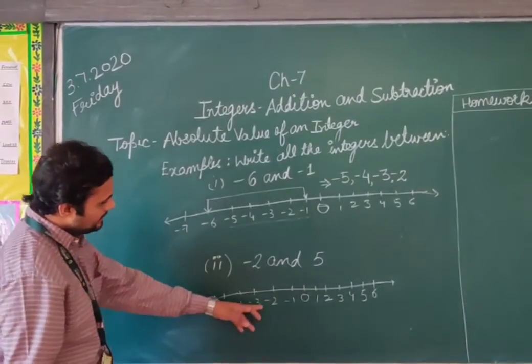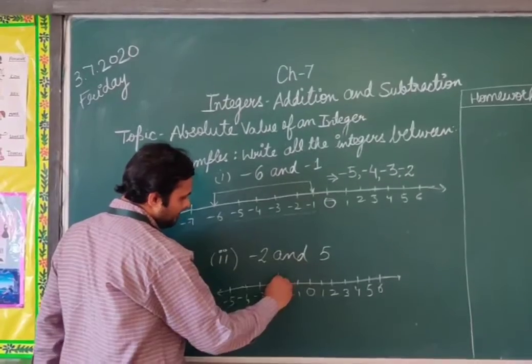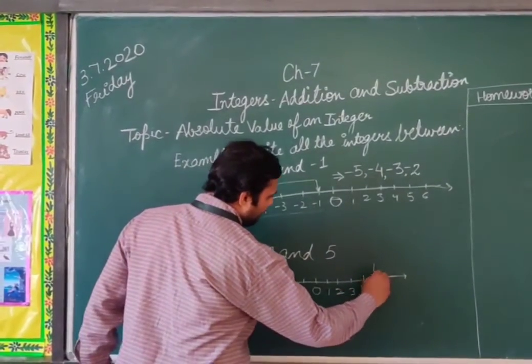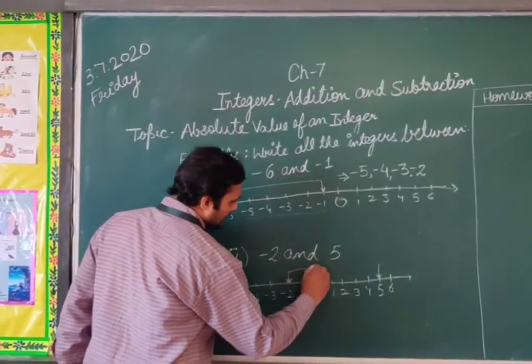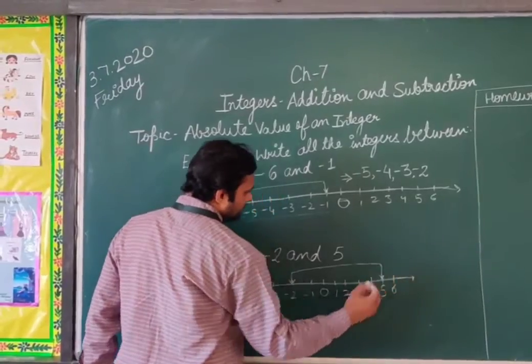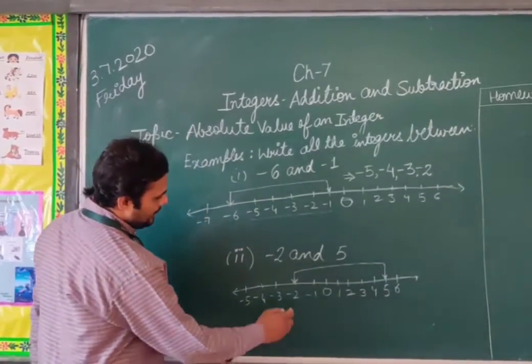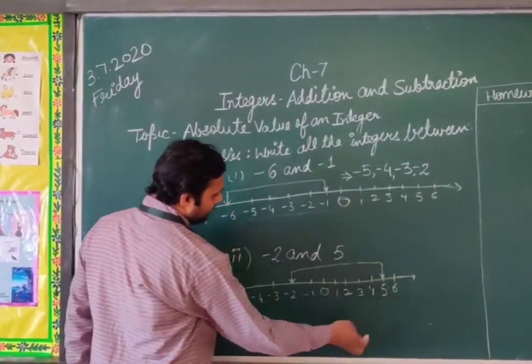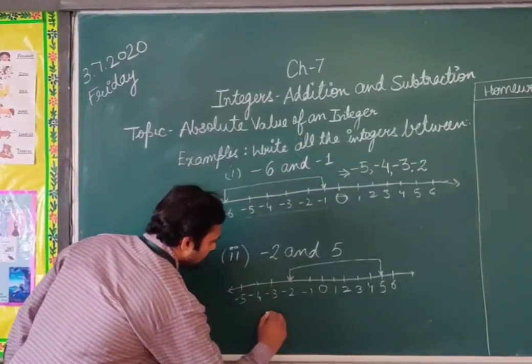So this is your -2 and this is your 5, and these are all the integers which lie between -2 and 5.